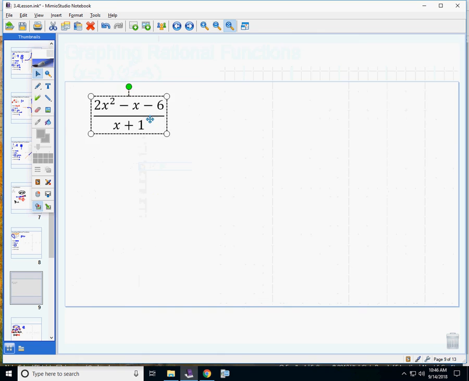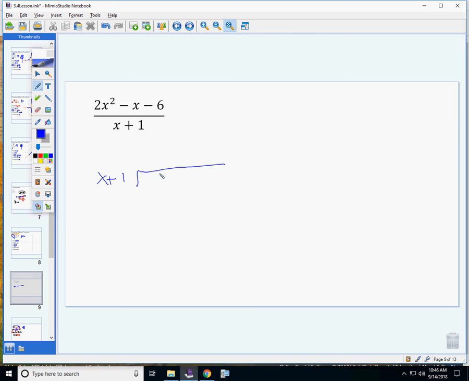So set up long division real quick. We have x plus 1 into 2x squared minus x minus 6. When we divided the 2x squared and the x, we ended up with 2x. So I'm going to multiply that through everything in the front. That would give me 2x squared plus 2x. Now don't forget you do have to subtract these.